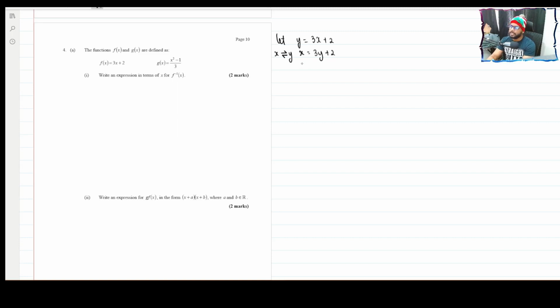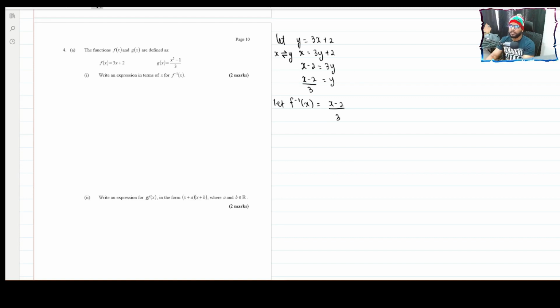So I'll get x take away 2 is equal to 3y, and x take away 2 over 3 is equal to y. Your last step is to let f inverse x, or whatever inverse function you are trying to calculate, be equal to x minus 2 over 3.